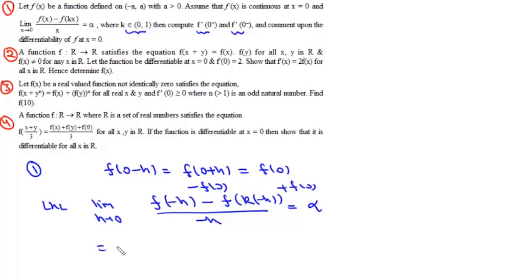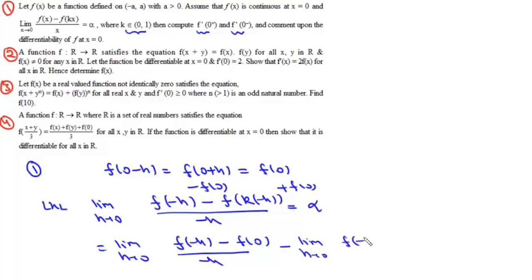Now we can write this as the limit h tends to 0 of f minus h minus f 0 upon minus h, and then if we take this minus common, it will be the limit h tends to 0 of f minus kh minus f 0 upon minus h, and this is equal to alpha.